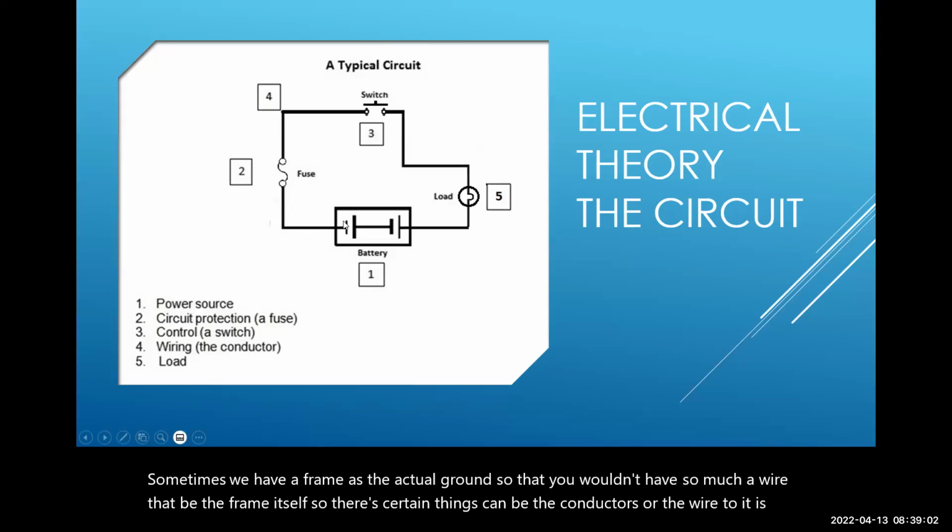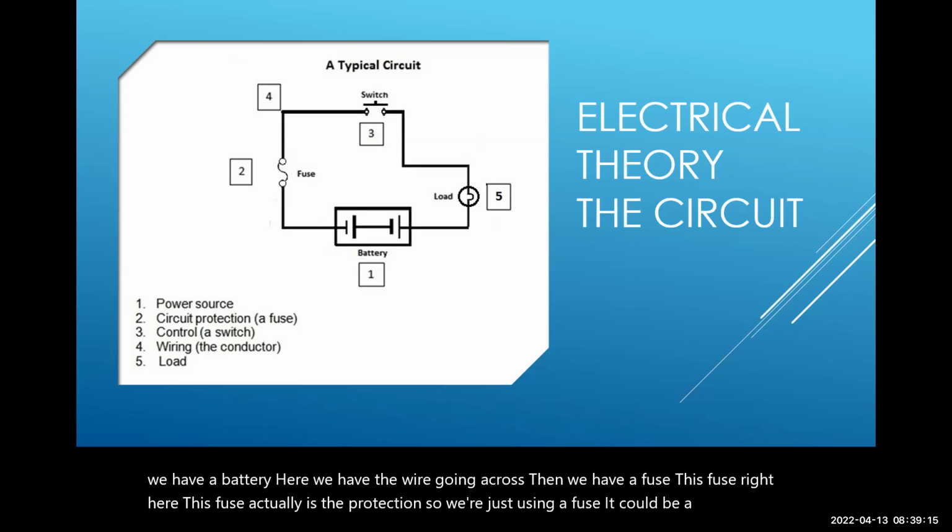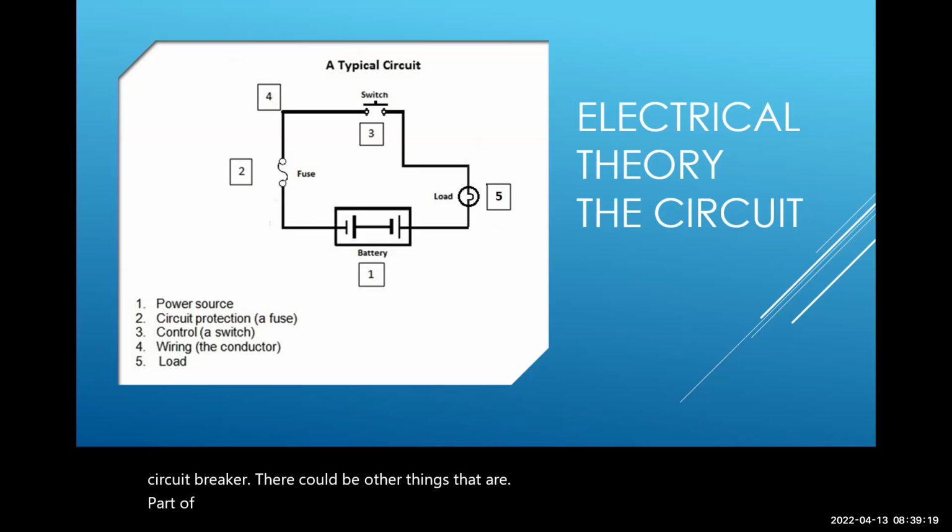So we have a battery here, and the wire going across. Then we have a fuse. This fuse right here is the protection. We're just using a fuse, but it could be a circuit breaker, or other things that are part of the protection, like I said earlier, a fusible link.